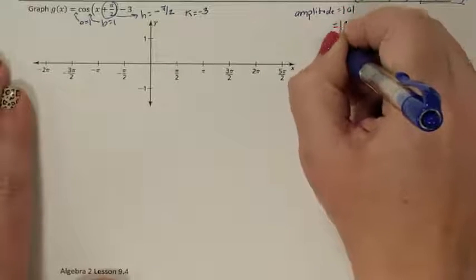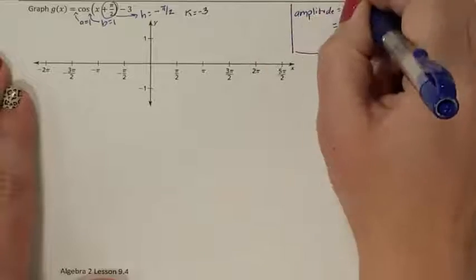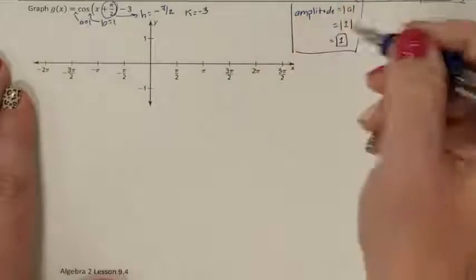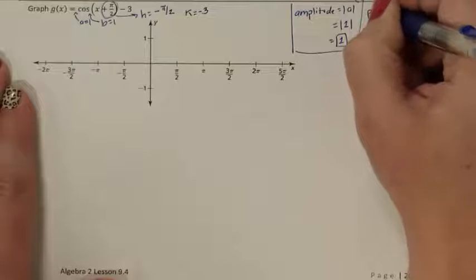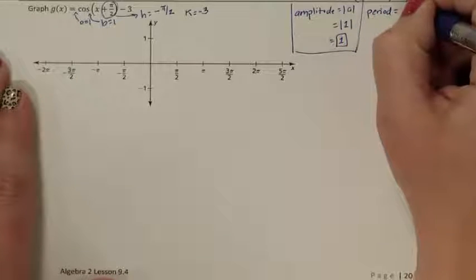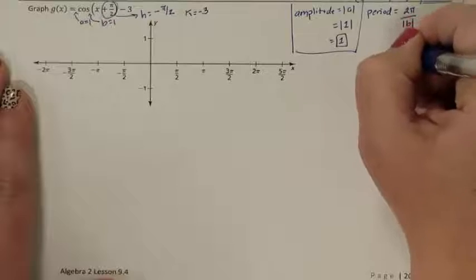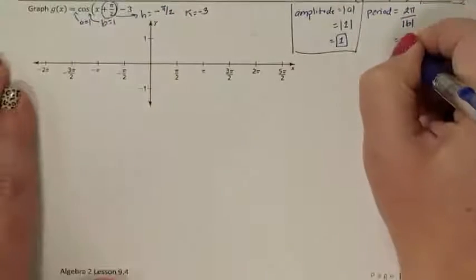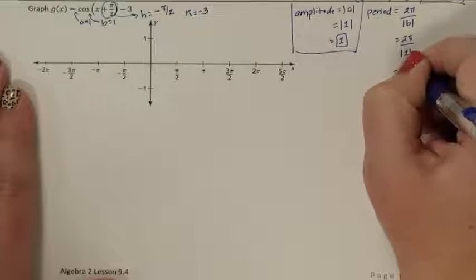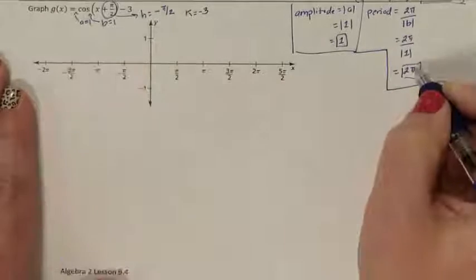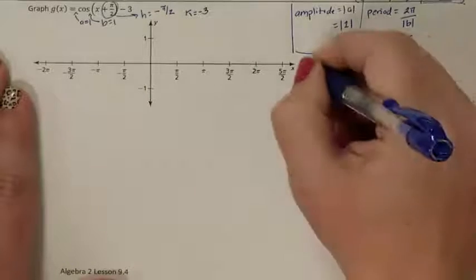So the absolute value of 1 is 1, which means once I find the midline, I need to be able to go up 1 and down 1 from that midline. Let's go ahead and take a look at our period. Period is 2 pi all over the absolute value of b. So it's 2 pi all over the absolute value of 1, which simplifies down to 2 pi. So that means that my cosine function is going to repeat at every length of 2 pi.